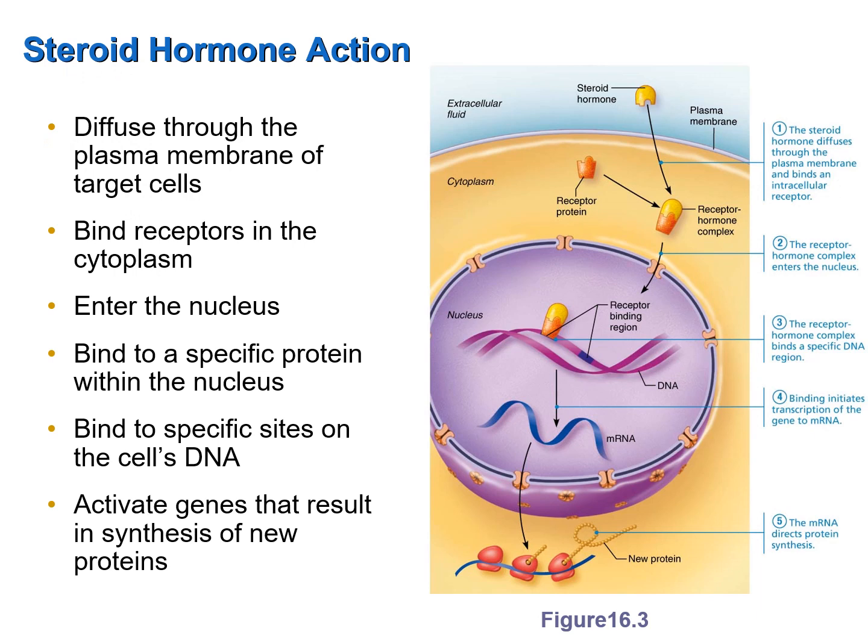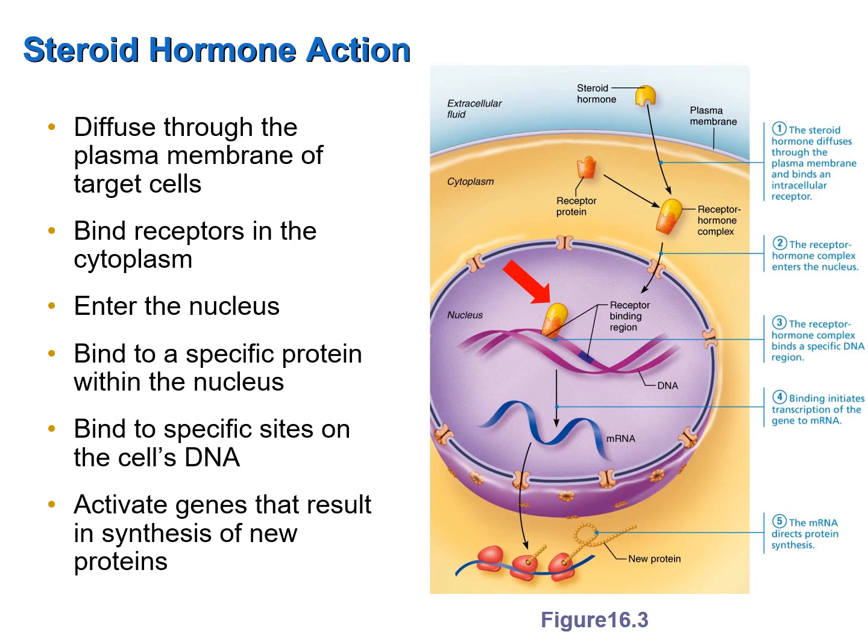So now let's walk through the mechanism of action of a steroid hormone. So we have a steroid hormone here. Because it's fat soluble, it can diffuse right through the plasma membrane and bind a receptor in the cytoplasm. Now we have what is called a receptor hormone complex that will move through the nuclear pore of the nuclear membrane or nuclear envelope and enter the nucleus.